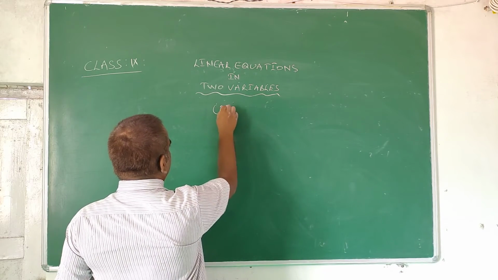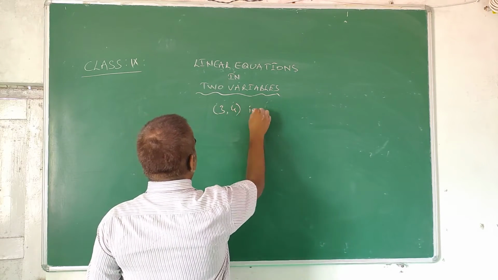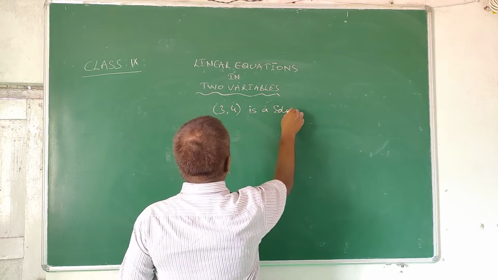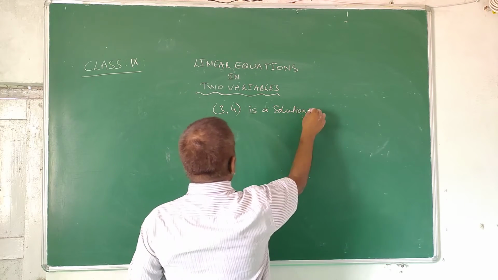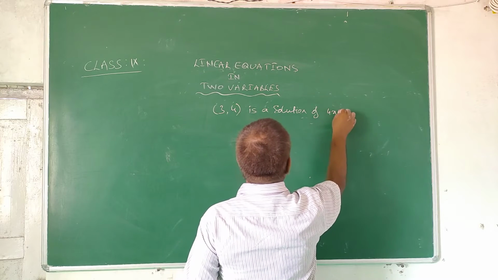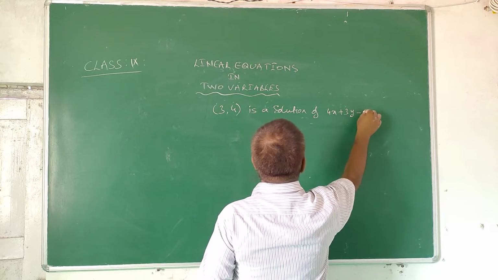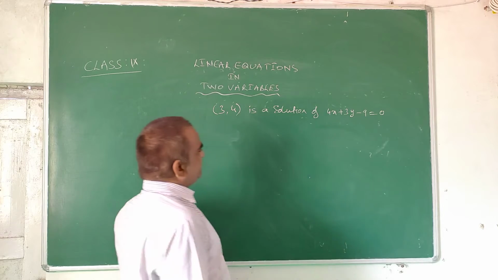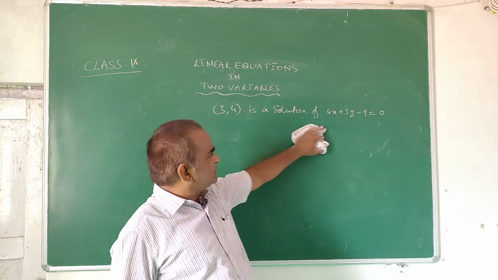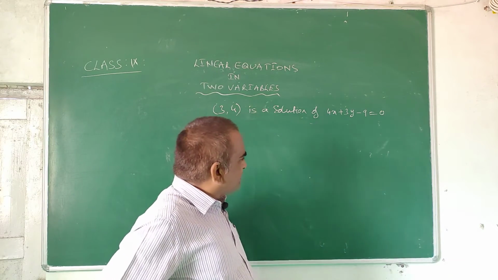Verify whether 3 comma 4 is a solution of 4x plus 3y minus 9 is equal to 0. So we need to verify whether 3 comma 4 is a solution of this given linear equation.